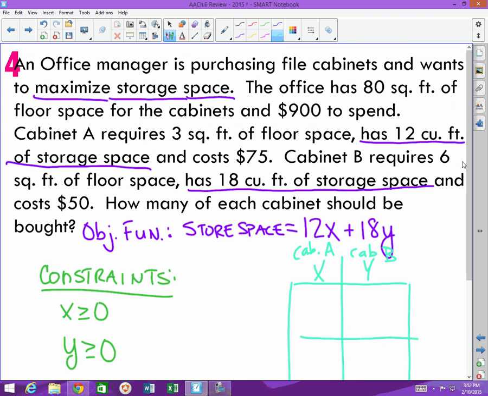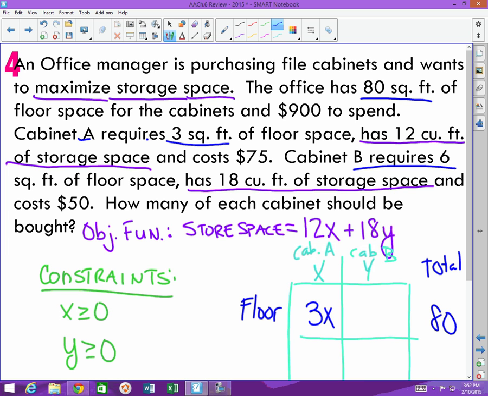And if we look up here, the office has 80 square feet of floor space. So that has to be one here, floor space. And we have a total of 80 square feet. Now, what does it say about the two cabinets? Well, cabinet A requires 3 square feet, so that would be 3x.